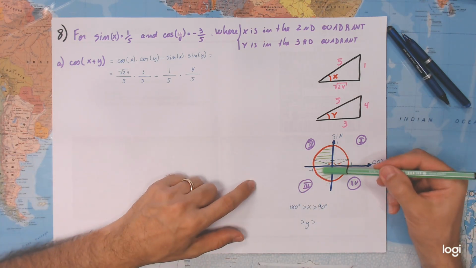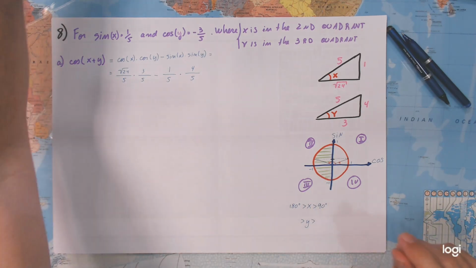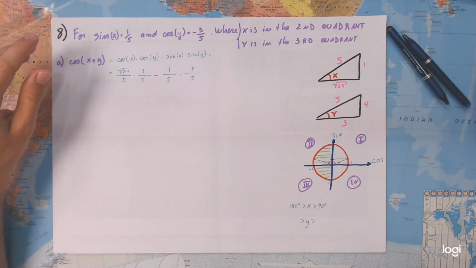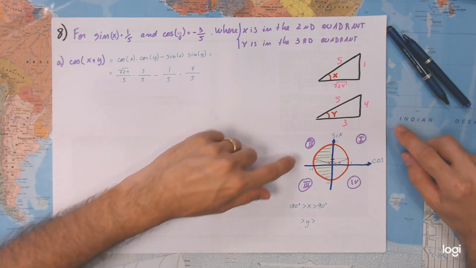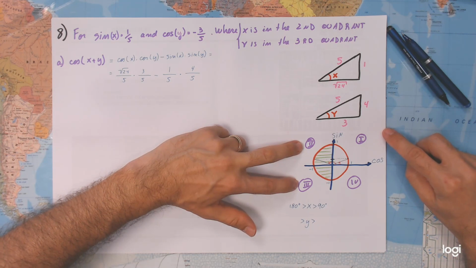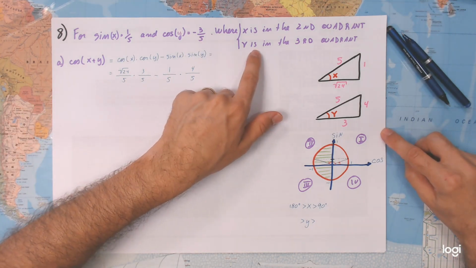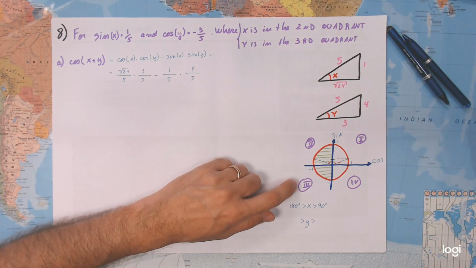All these green parts are negative for the cosine. And so when the cosine is negative, it can be in the second or the third, okay? We have two possible angles, but we know that y is in the third quadrant. So the y is in here.